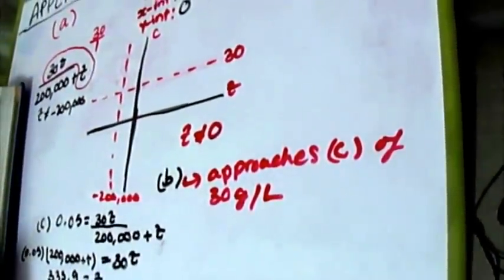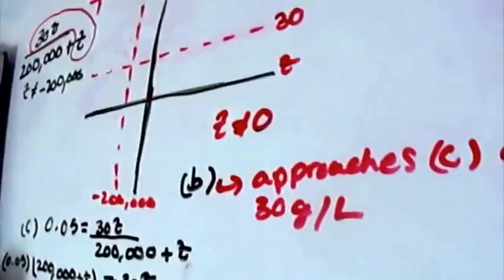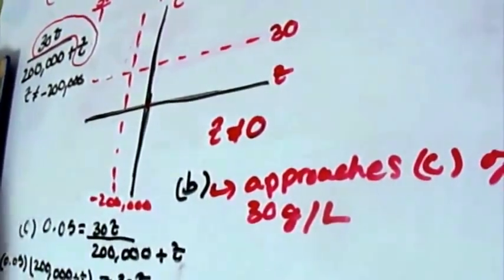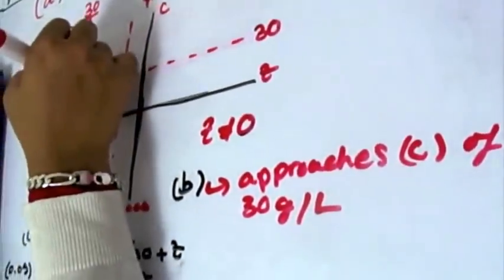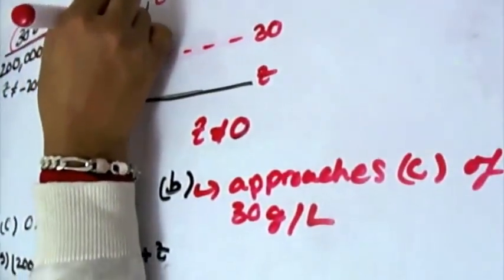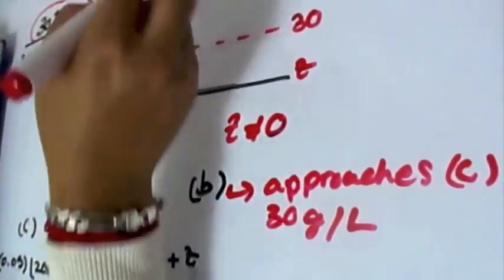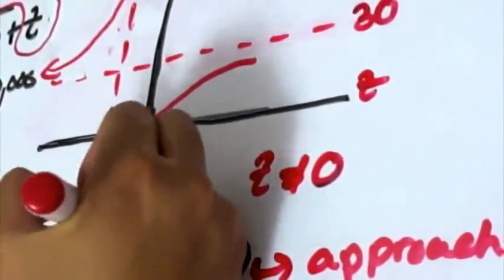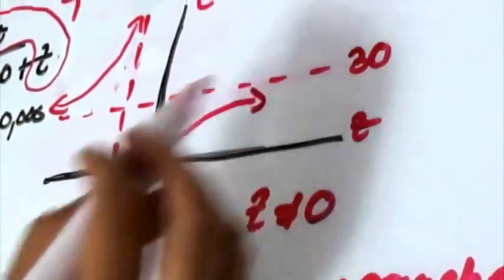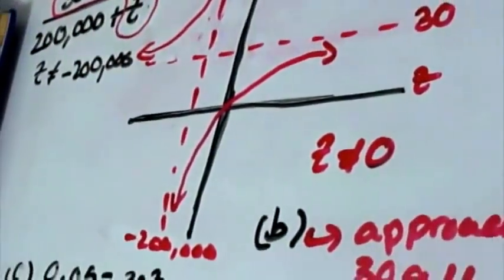So from these key features, what we can determine is that the graph looks somewhat like this. And again, if you want, for the end behaviors, you can draw tables just to verify the behaviors around the horizontal and vertical asymptotes. But now here is the application part of it.